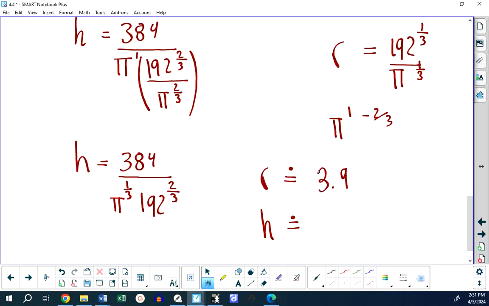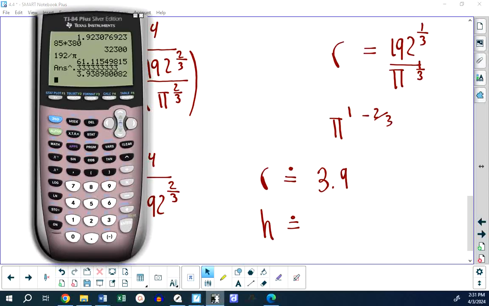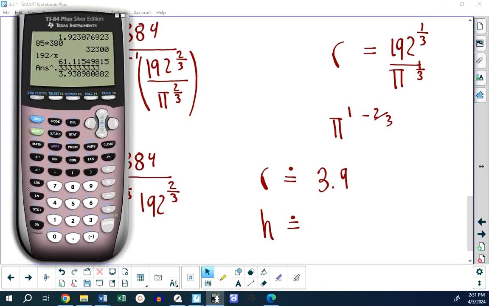And if memory serves, the height is going to be twice that, I think. Pretty close to twice that. I don't think it's exactly twice it. That's r. I need to take 384 divided by pi r squared. 7.9.